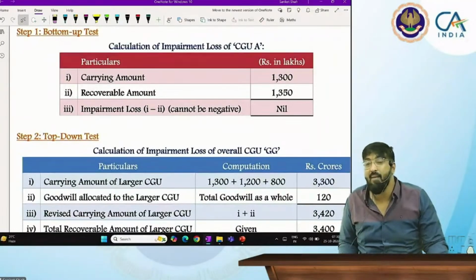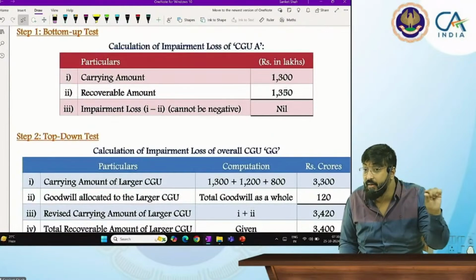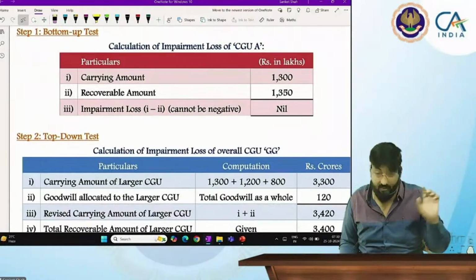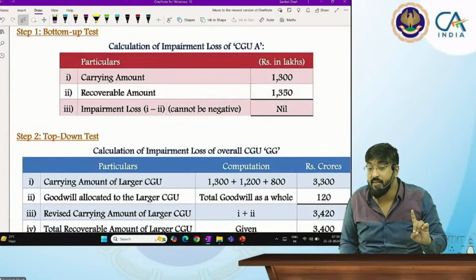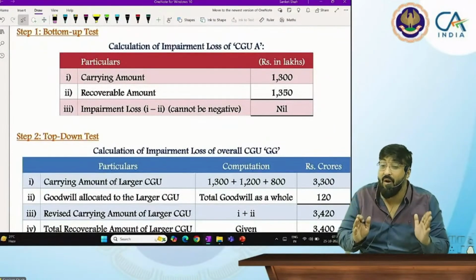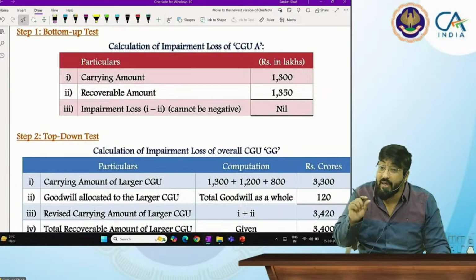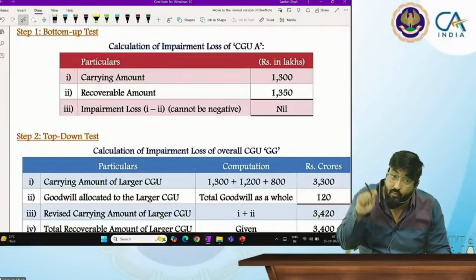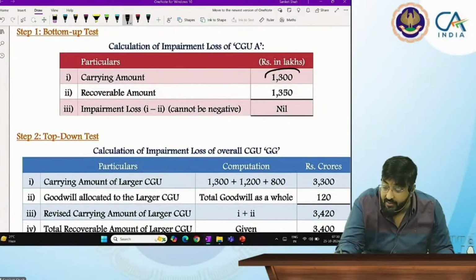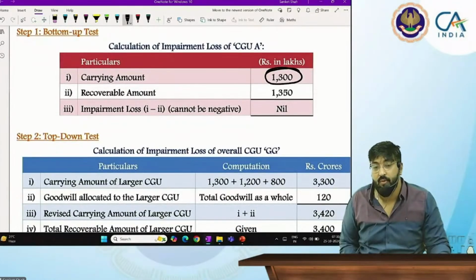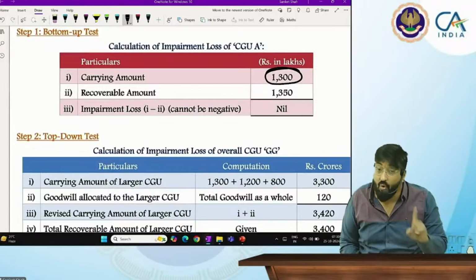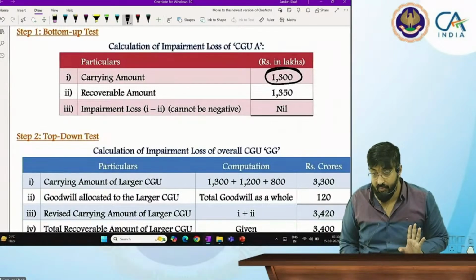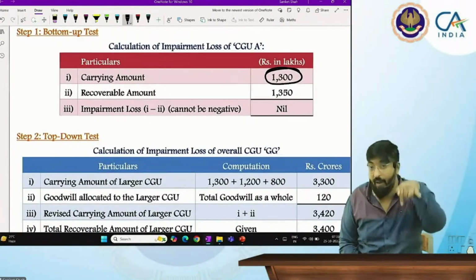Now, for my carrying amount, I will not divide goodwill among all three, because A is not giving me independent cash flow. First go with the bottom-up test. Here, don't add goodwill in A CGU if you are going by the top-down approach.